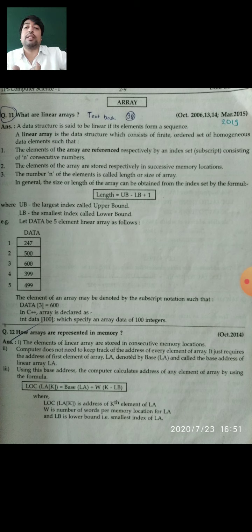What is the base? The base of LA means the base of the linear array, and it is denoted by LA. So we will see the formula. We have already known the definition: the elements of a linear array stored in consecutive memory locations is called the array.